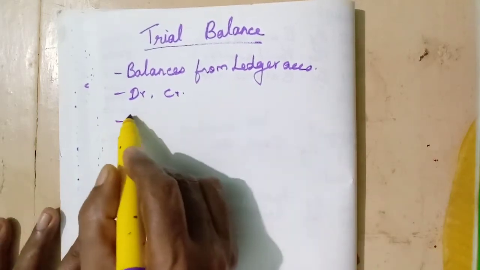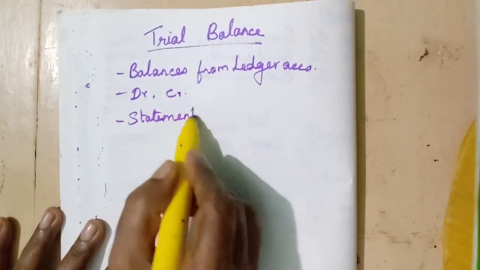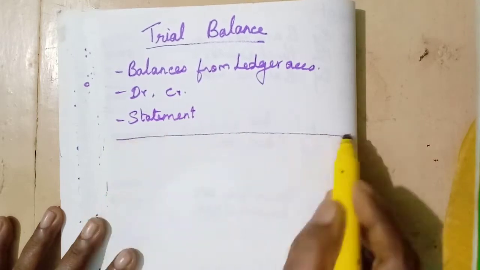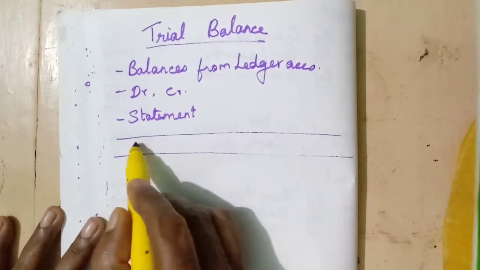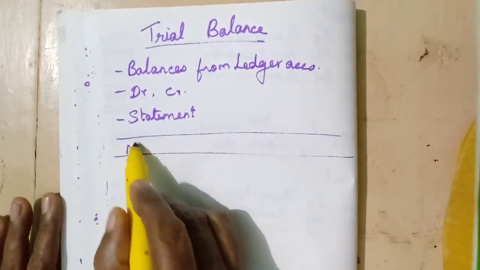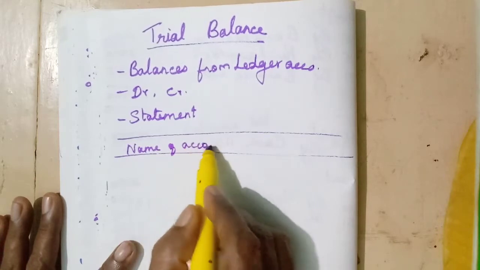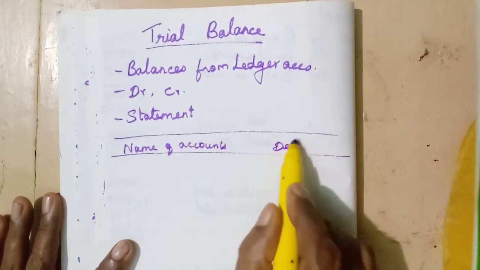Trial balance is a form of statement. Statement means it will contain only one page. Here only the name of accounts are particulars. Name of accounts, then debit, credit.